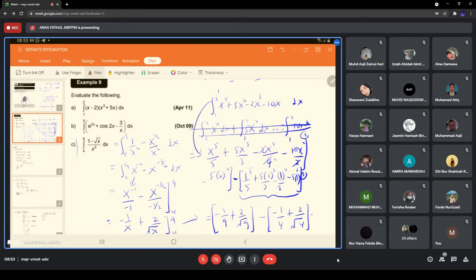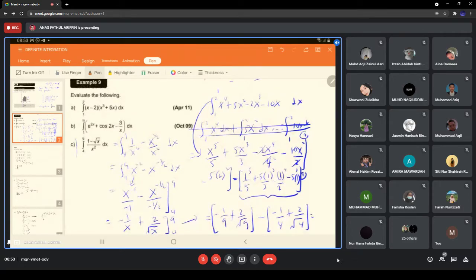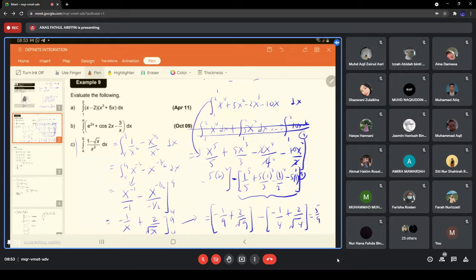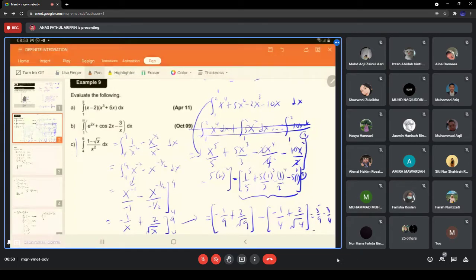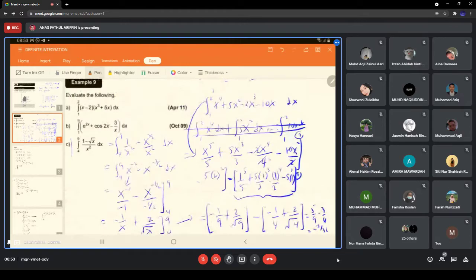Now kita boleh tekan calculator seperti biasa. We should get our final answer 5 over 9 minus 3 over 4, which is negative 7 over 36.